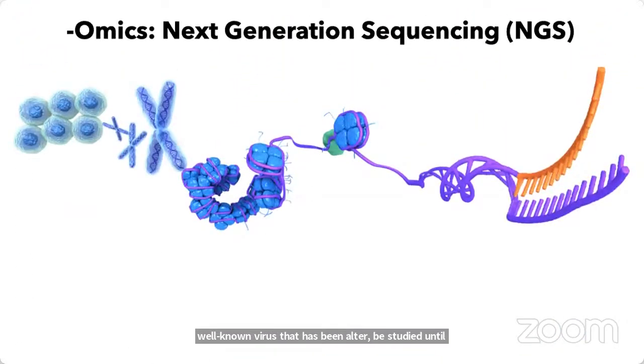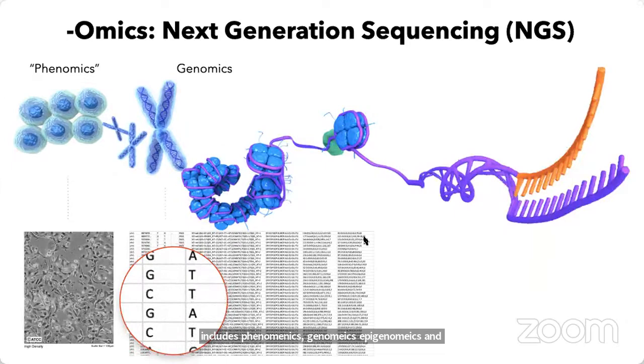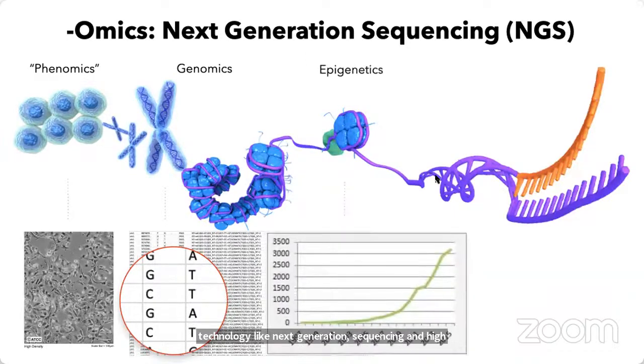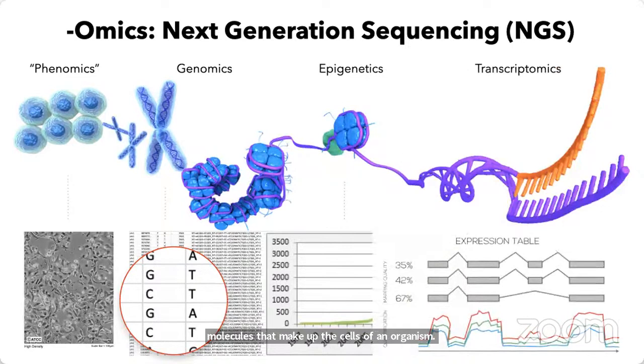So we spoke about omics data. Omics data generally includes phenomics, genomics, and epigenomics, and technologies like next generation sequencing and high throughput sequencing can be used to explore the roles, the relationships, and the actions of various types of molecules that make up the cells of an organism. Many types of these omics data can be generated using NGS, also commonly referred to as high throughput sequencing methods.